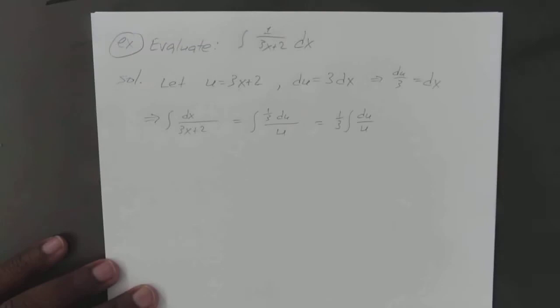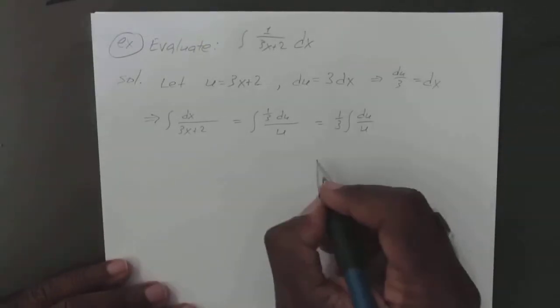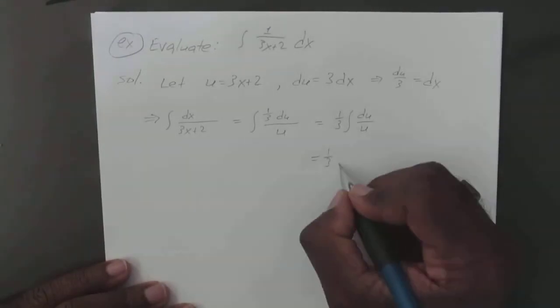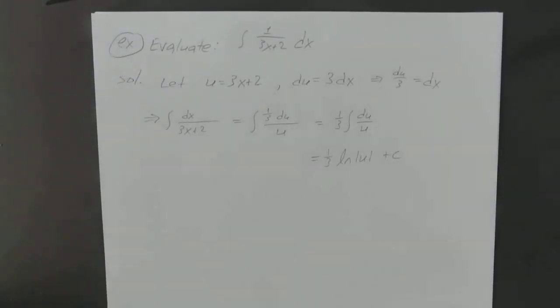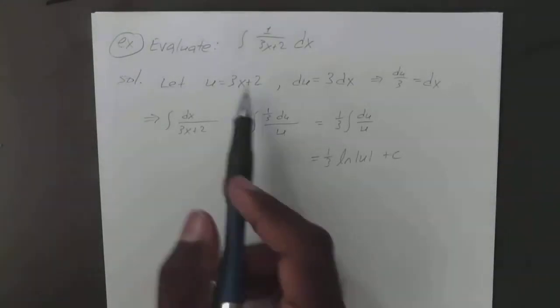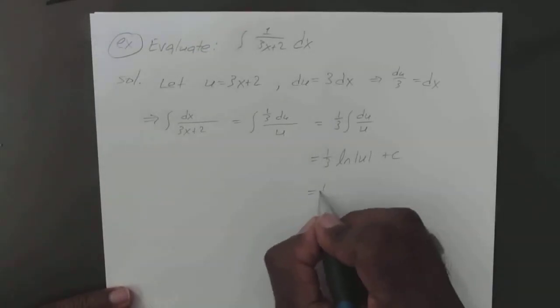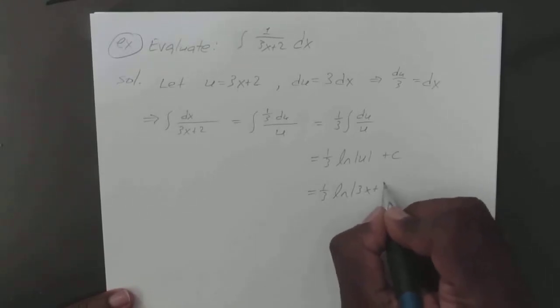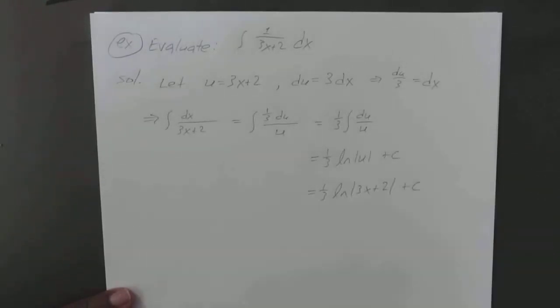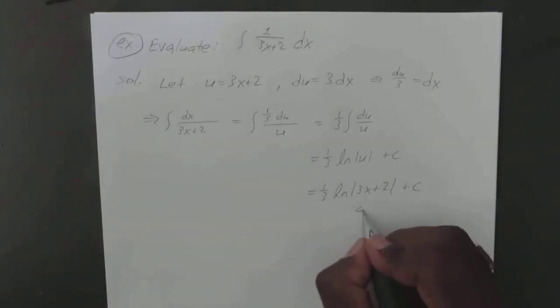If we bring that 1/3 out to the front, we have the integral of du over u. Now we just plug it in: 1/3 times natural log of u plus c. We replace our u with 3x plus 2, so 1/3 natural log absolute value of 3x plus 2 plus c.